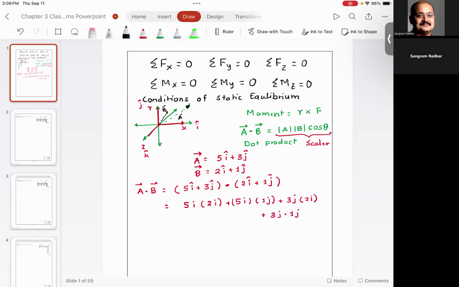Now I want you to look at each and every term very closely with the definition that is shown on the right hand side. So this is 5 times 2 and the cosine of angle in between these two vectors. 5 stands for the magnitude of the vector. i stands for the direction of the vector, or this is the unit vector. 2 stands for the magnitude of the vector. i stands for the direction of that vector.